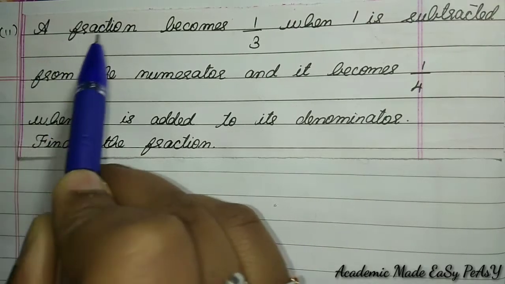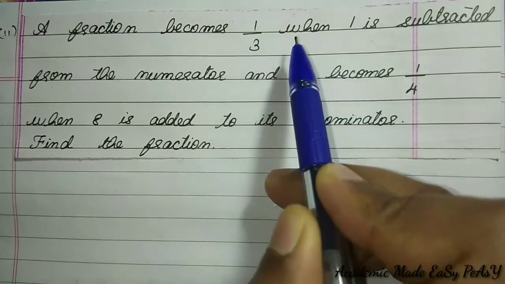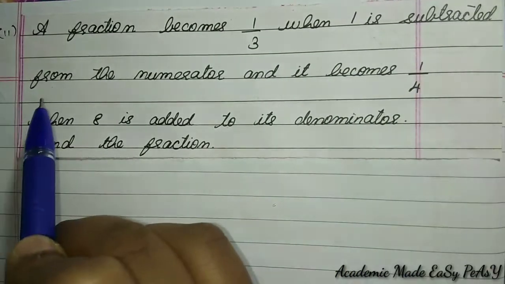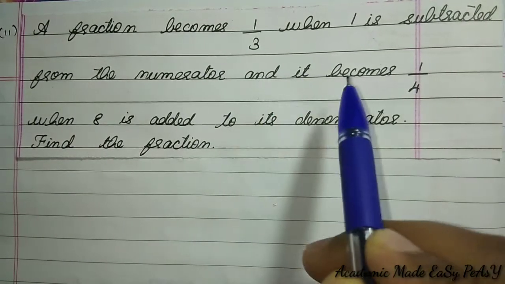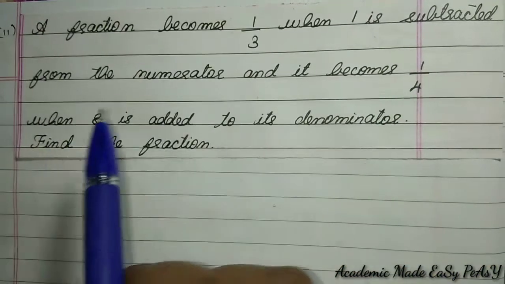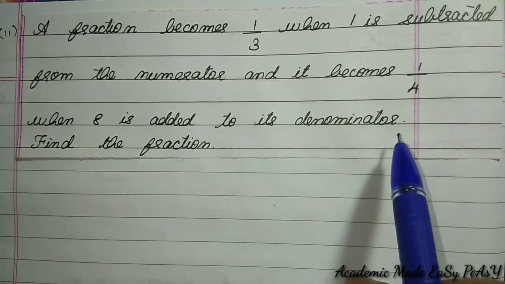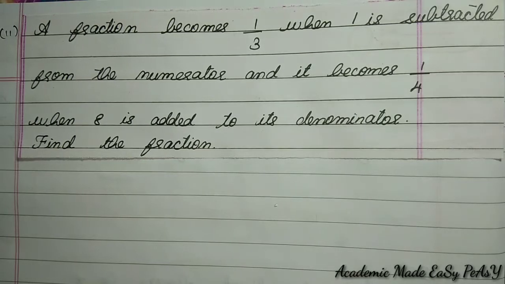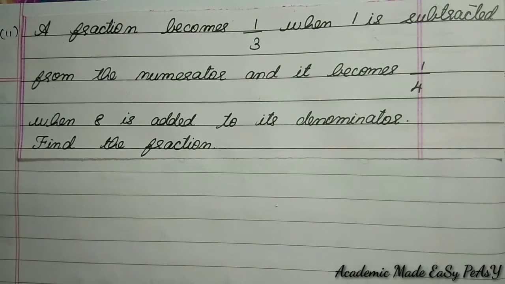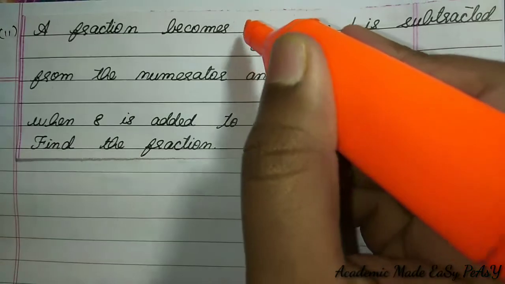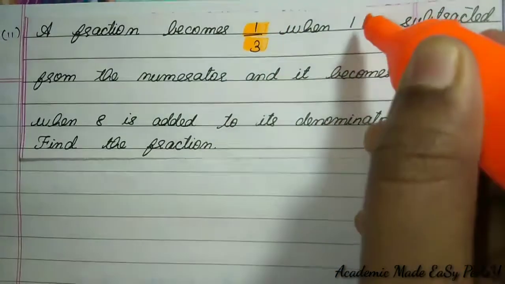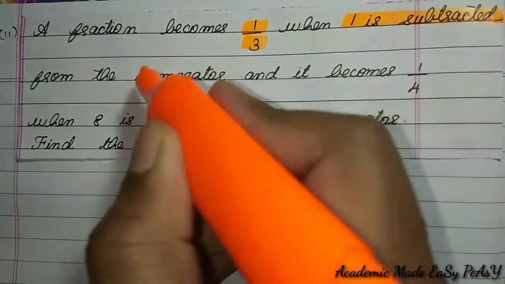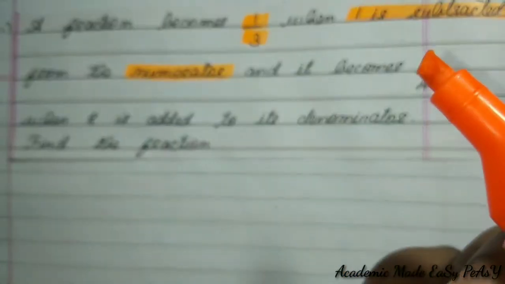Subdivision 2. A fraction becomes 1 by 3 when 1 is subtracted from the numerator, and it becomes 1 by 4 if 8 is added to the denominator. Find the fraction. So what is given here is that a fraction, that is x by y, becomes 1 by 3 when 1 is subtracted from the numerator alone.